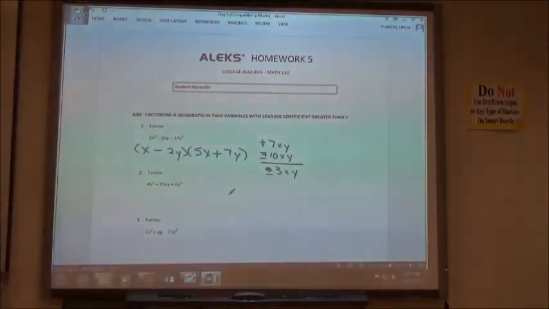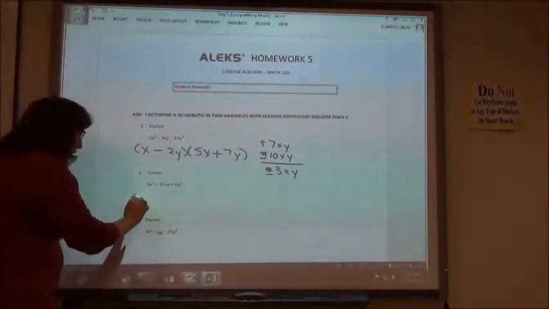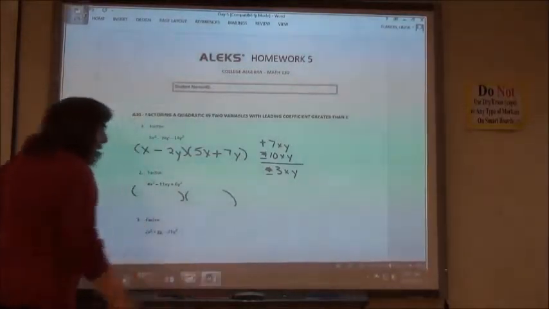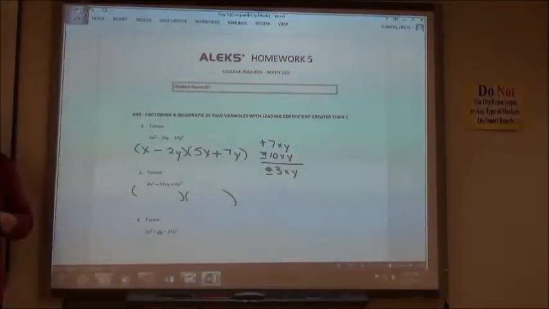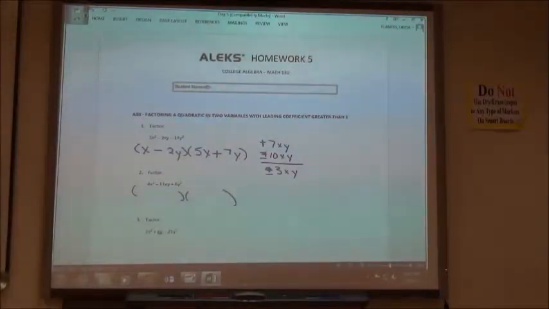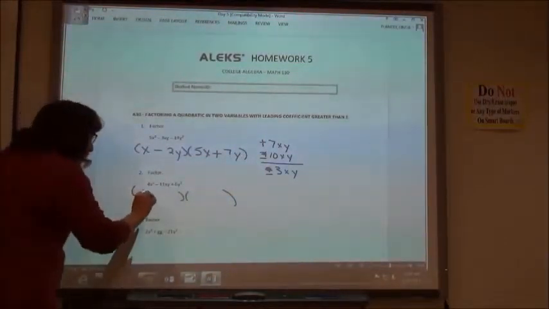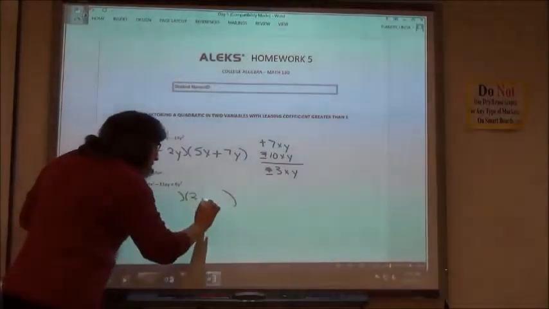Number 2, that's one of those tricky ones again, because there's 2 different ways to get 4x squared. One way of getting 4x squared would be what? What times what would give me 4x squared? 2x and 2x, right? 2 times 2 is 4.